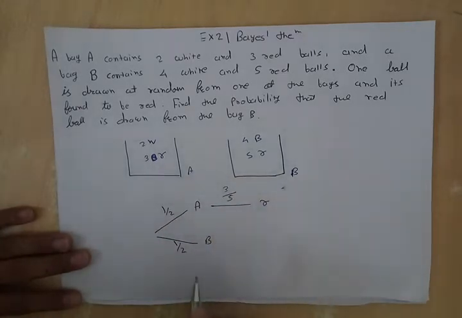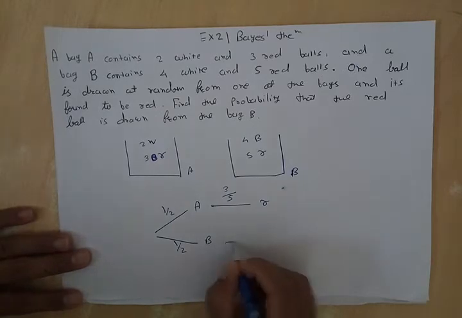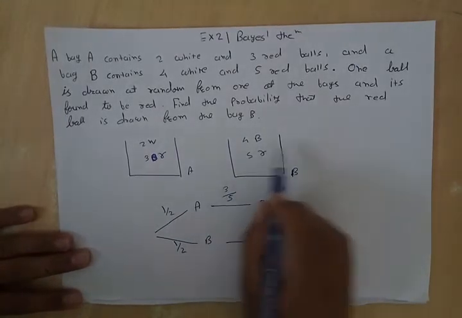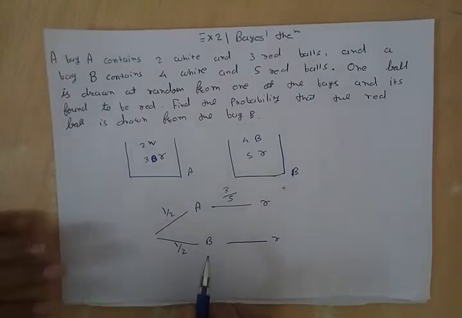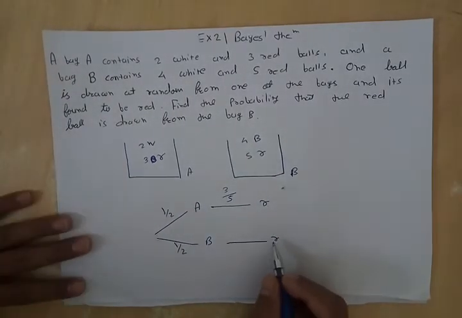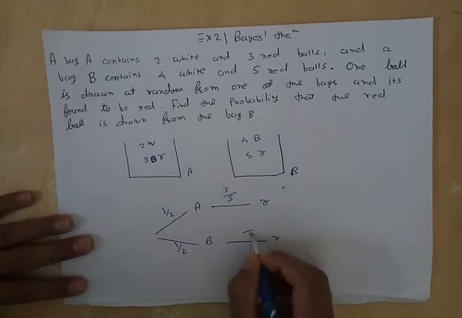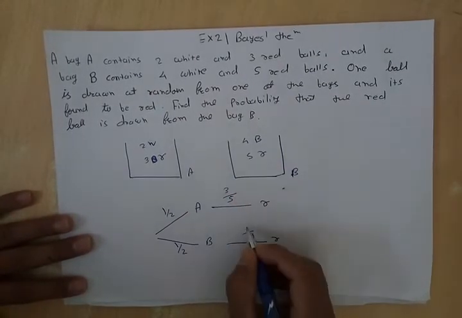So 3 upon 5 is the probability of picking a red ball. Similarly for bag B, let us select bag B, and given that we have selected bag B, the probability that we select a red ball is: total 9 balls, and out of 9, 5 are red balls.